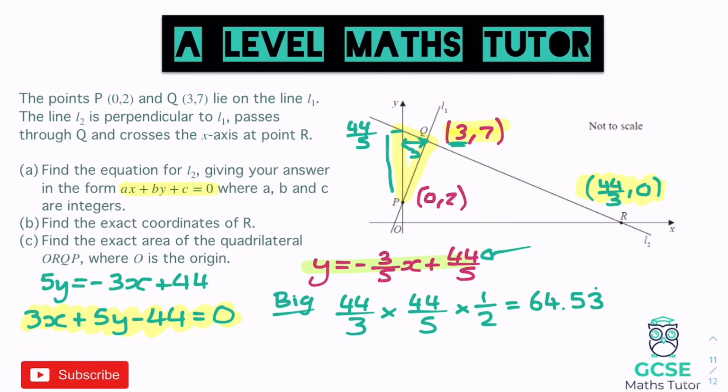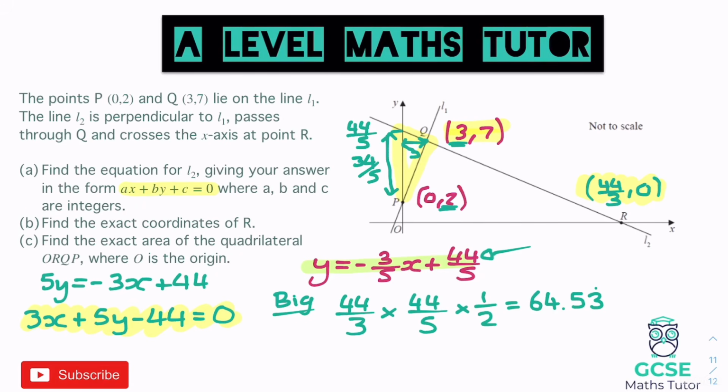And we can get the base here because that goes from the point 2 on the y-axis up to 44 over 5. So if we work out that difference, 44 over 5, take away the 2, gives us a length there of 34 over 5. So that length is 34 over 5, and the height is 3.